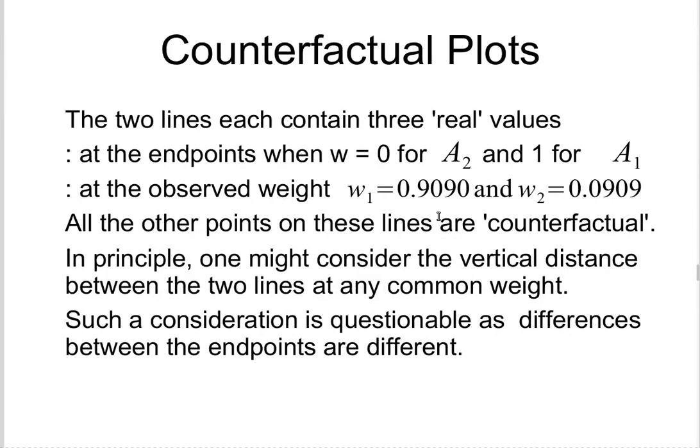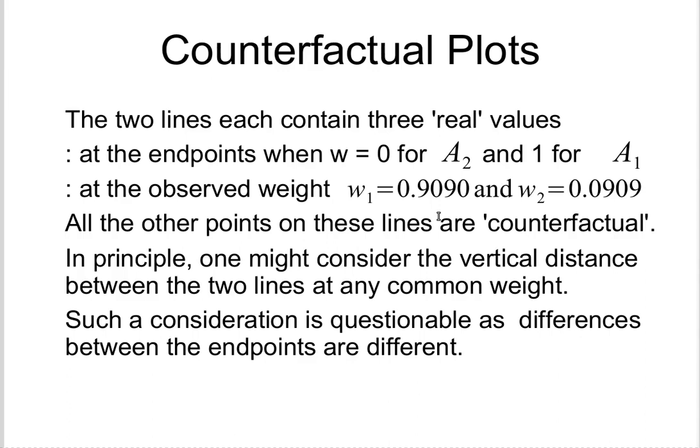A little more, just repeating what I just said for information. There are only 6 real values here. Each line has 3 real values, if you like. They are the endpoints and those with the observed weights, and all the other points on the line are considered counterfactual.